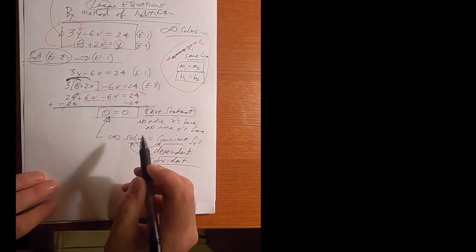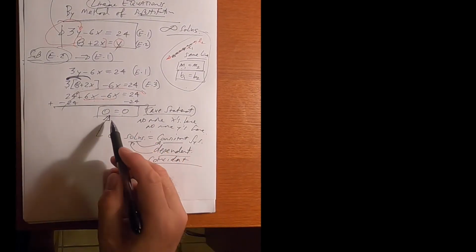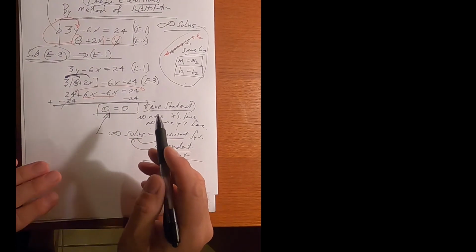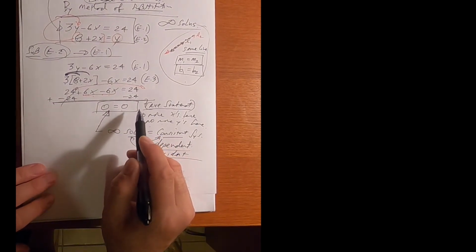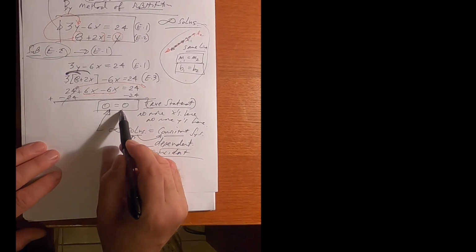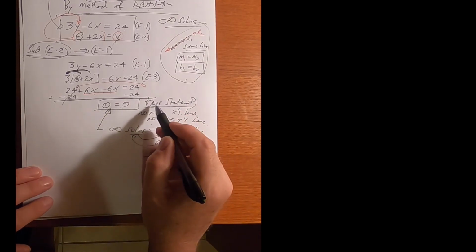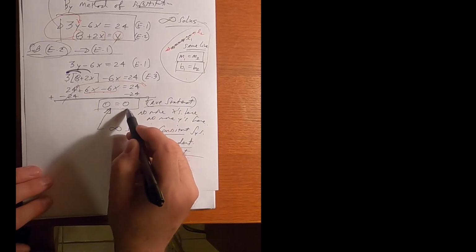What the significance of this means is that you don't get any x equals 3 or y equals 2 or anything like that, which would be the condition where we had one solution, or we get a statement that's not true, where there would be no solutions.